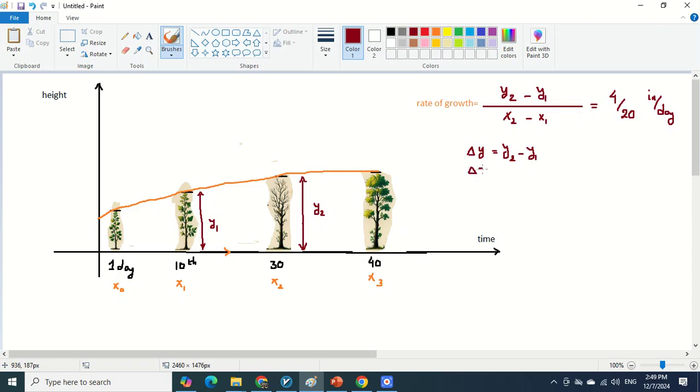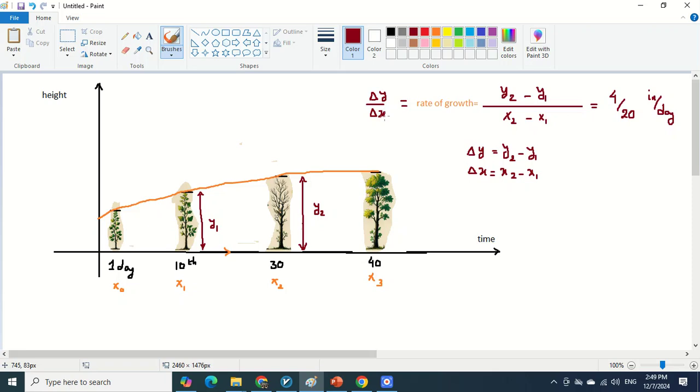So right now delta x also denotes x2 minus x1 in this case. In other words, we can write this rate of growth as delta y over delta x.